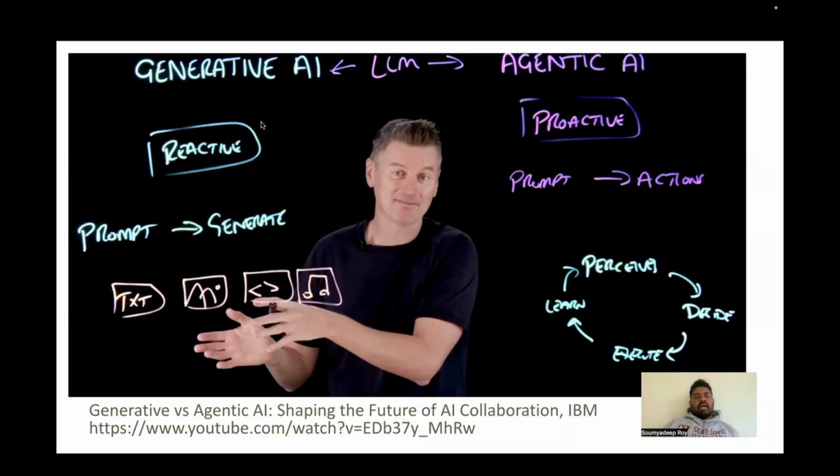So this is basically a reactive setup, whereas agentic AI is a proactive setup where, when you give it a prompt, it will perform the following steps. It will first understand what the prompt is about. It will then decide on the steps, whereas here you give very clear instructions on what the steps are.